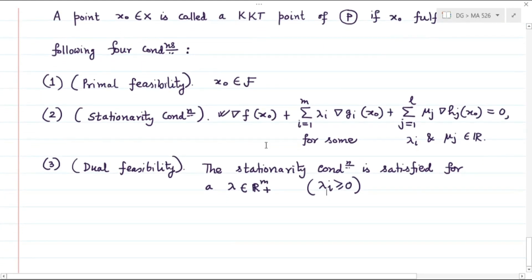Well, and the last condition is the complementarity condition, or complementary slackness.